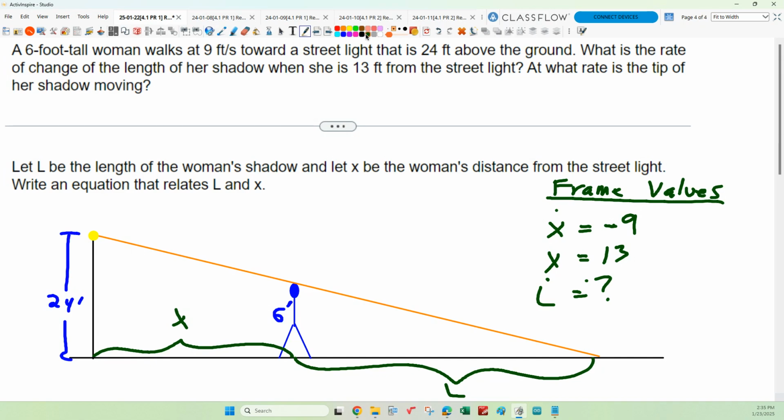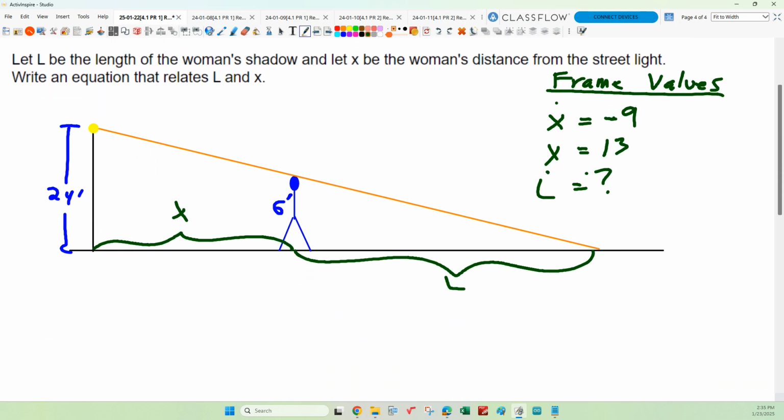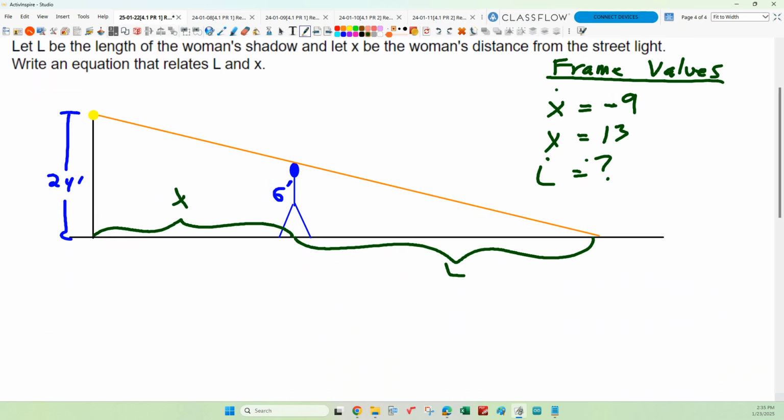So we need a parent equation. Good question. 24 squared plus X times L squared equals X plus the quantity of L, X plus 11. Get an idea? Okay, so you're thinking Pythagorean theorem.